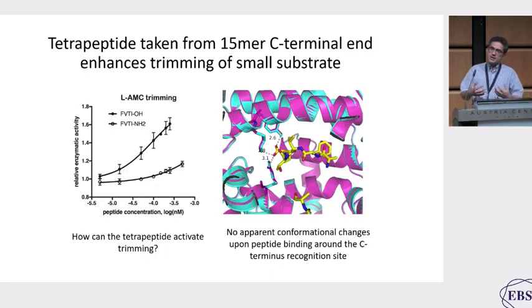Also, if you just take the C-terminus of a peptide, and this is done with a peptide consisting of 4 amino acids, the same 4 amino acids as the 15-mer, you can actually see activation of trimming of small substrates in the catalytic site. It was not obvious how this occurs because these sites are, as I said before, 30 angstroms apart. So you should have a mechanism by which this site can activate the catalytic site allosterically.